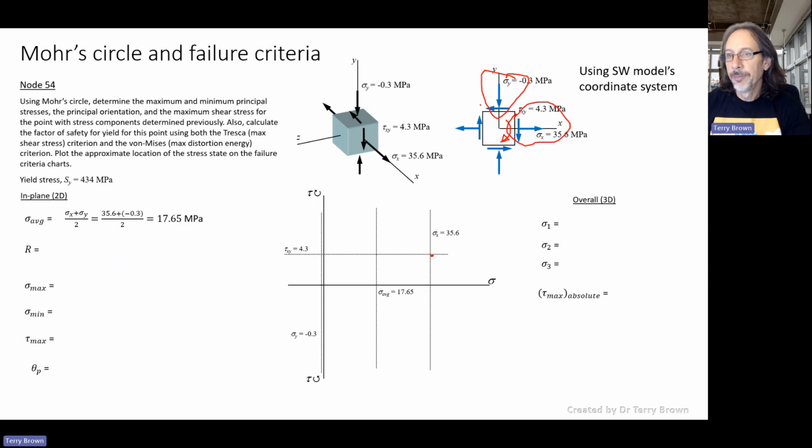And then the other one, the normal stress in the y direction, its accompanying shear stress is tending to rotate the element in an anti-clockwise direction. So anti-clockwise is plotted below, so that's plotted down here. That's the hardest part.